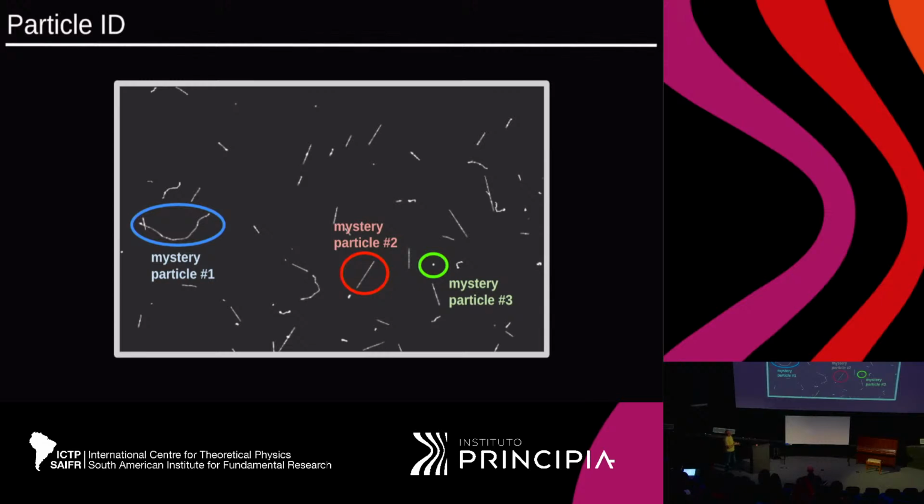This was taken at surface level with one of our CCDs, and you get a lot of hits or tracks or signals from environmental radiation. Here I'm showing you 3 different mystery hits, 3 different mystery particles, and please take a look at them.